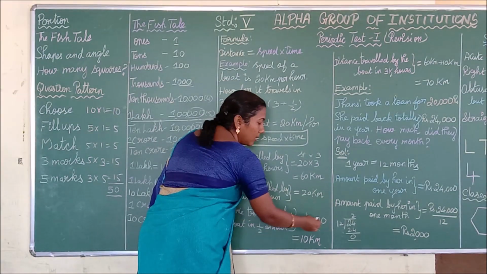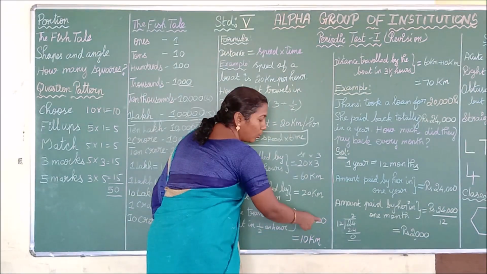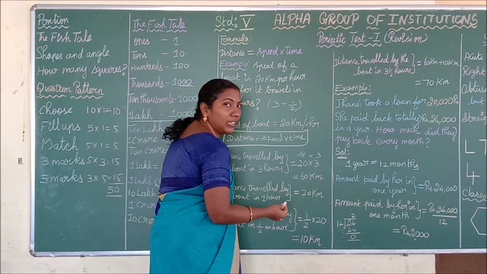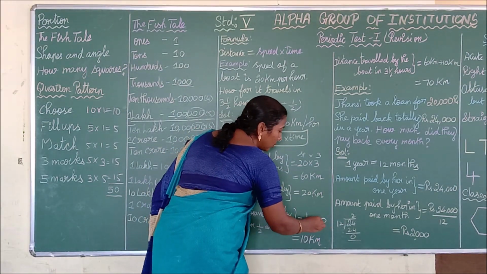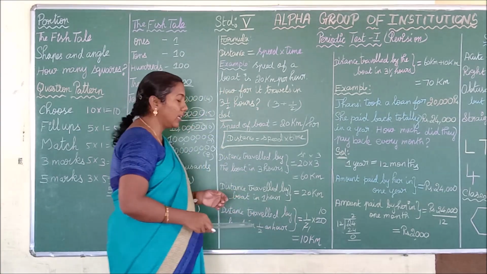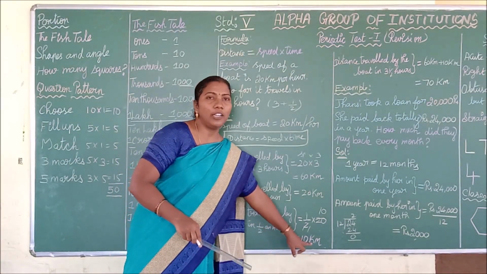This is speed, this is time. So 2 is in the denominator and 2 is in the numerator, so we are going to cancel it. That is dividing the 20 by 2. 1 2 is 2, 10 2s are 20. So your answer is 10 kilometers. Thus in the half hour the boat travelled the distance of 10 kilometers.